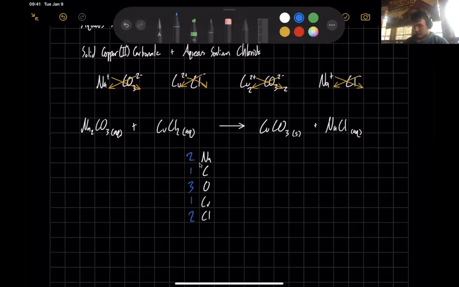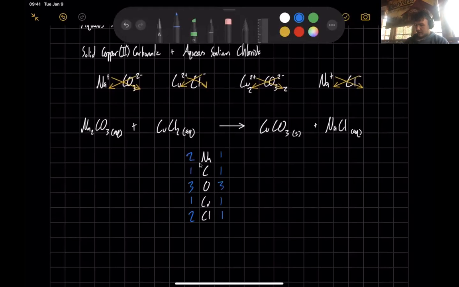If we go to the right side, we have 1 sodium, just one carbon, 3 oxygens already, 1 copper, and 1 Cl.